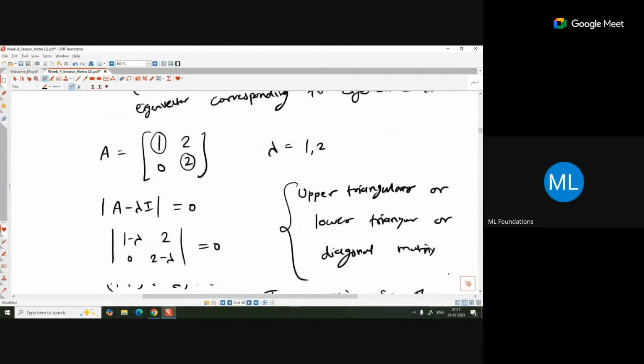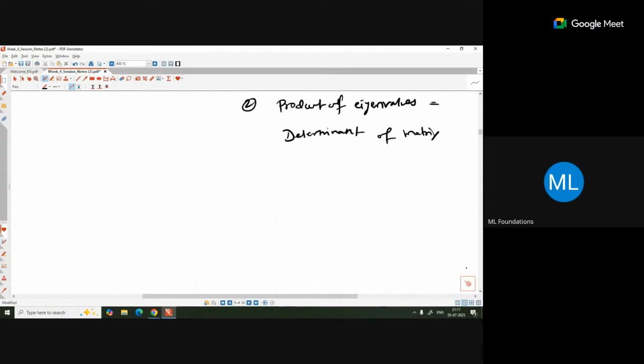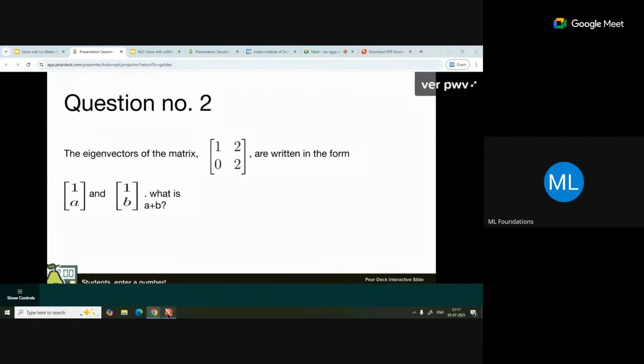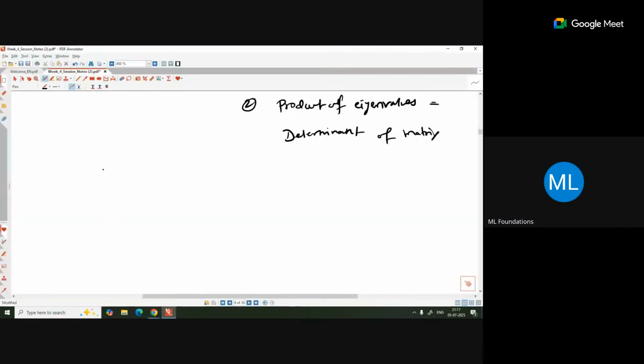So I got the eigenvalues. What other information do I have in this question? That (1, a) and (1, b) are the eigenvectors for this matrix. What can we say about them?